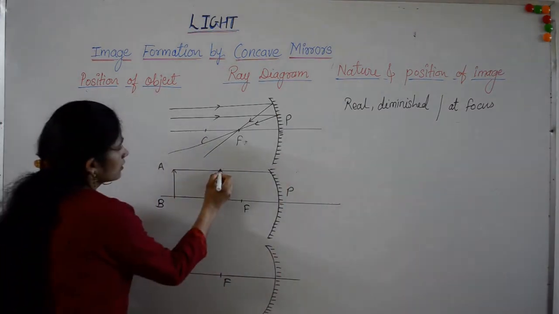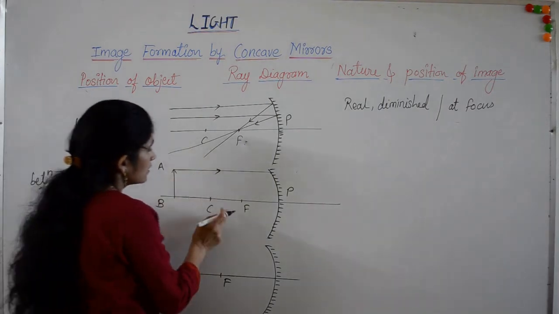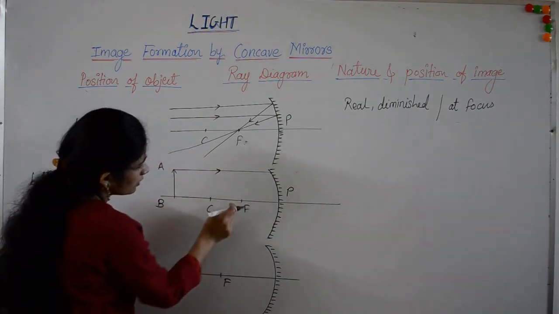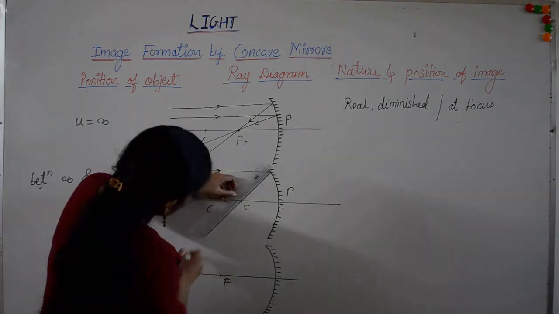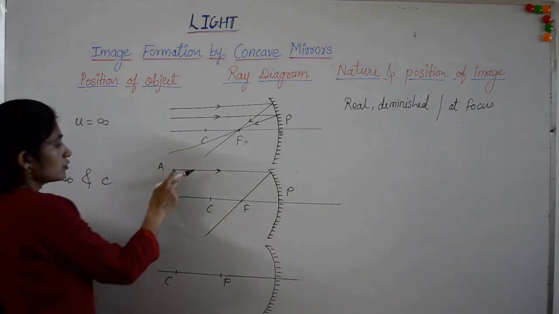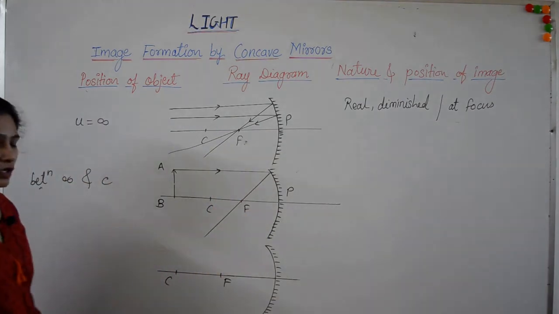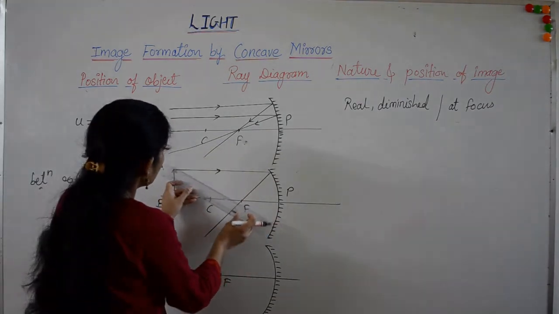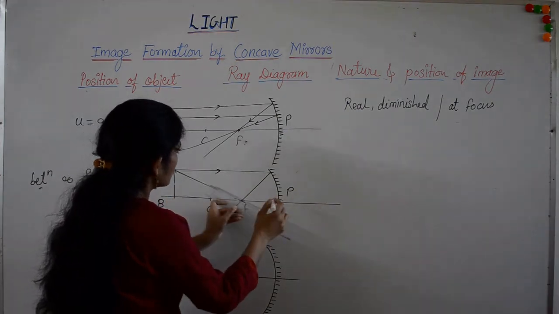So the first ray we have drawn is parallel to the principal axis. Therefore, after reflection, it should pass through the focus. According to the first rule, when the incident ray is parallel to the principal axis, after reflection it passes through the focus. And the second ray we will take passes through the focus.